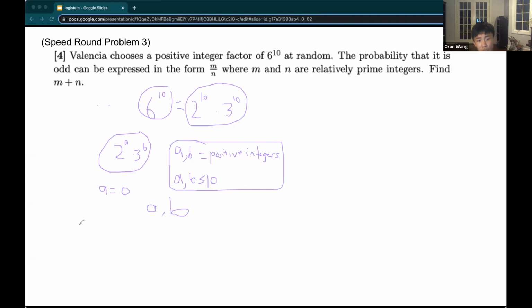So then notice that a can be 0, 1, 2, so on to 10. And selecting a random value of a means picking a random number from these 11 numbers. And it's only odd if a is 0.